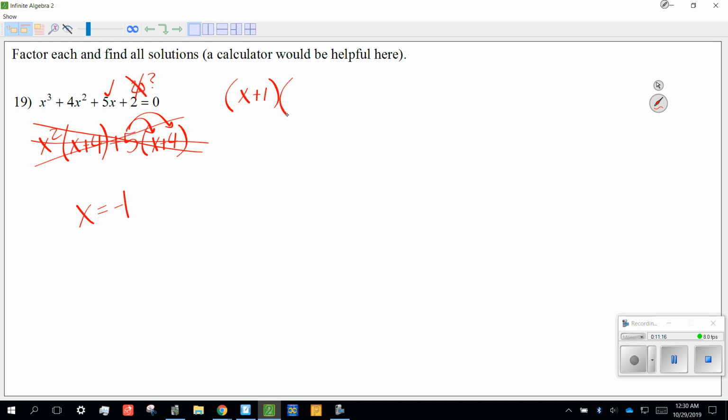And so then what do I multiply by to get the original function? Alright, well, I'm going to do some long division here first, just because we need to practice it. I'll also do synthetic division. So x will go in x cubed: x squared times x is x cubed, and x squared times 1 is x squared. And we subtract all of that.